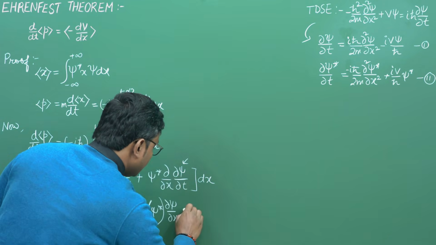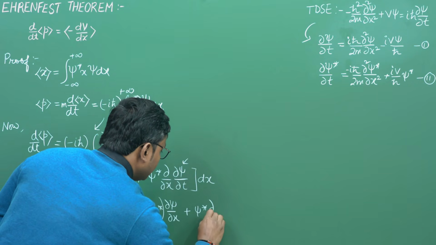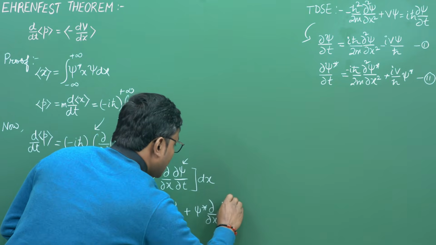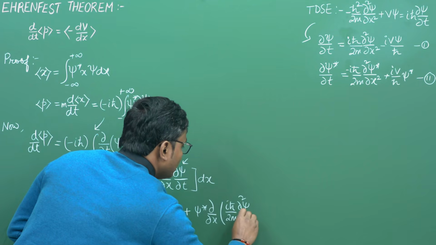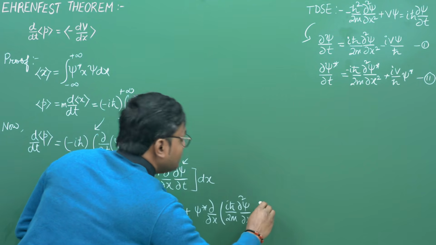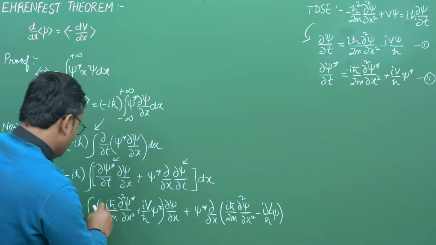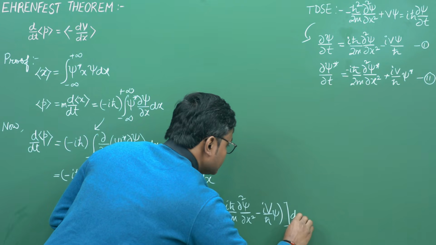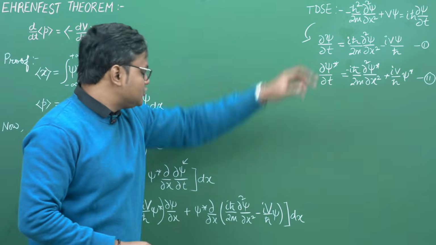Here on the other hand, in the second term, I have plus psi star and del upon del x, and in the bracket we have del psi upon del t, which is iota h cut upon 2m del 2 psi upon del x2 minus iota capital V upon h cut psi, bracket close, and this entire expression is integrated with respect to x. So this is what we get, which is the time derivative of the expectation value of momentum after I have substituted the Schrodinger equation here.